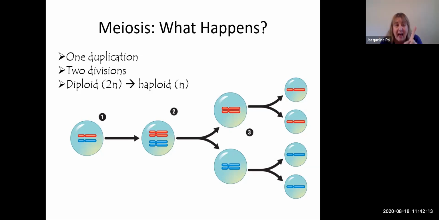What happens is we have our one duplication where we go from all 46 of our chromosomes to 46 sets of sister chromatids.